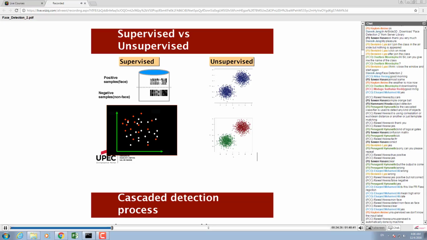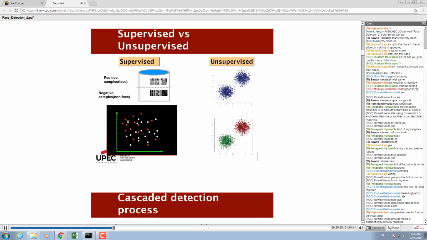So one sample means one image in our image training system. So one sample means one face image. So we are collecting many samples. Many face images. So positive samples means many positive. Here positive means our targeting object. In this case, it is face.